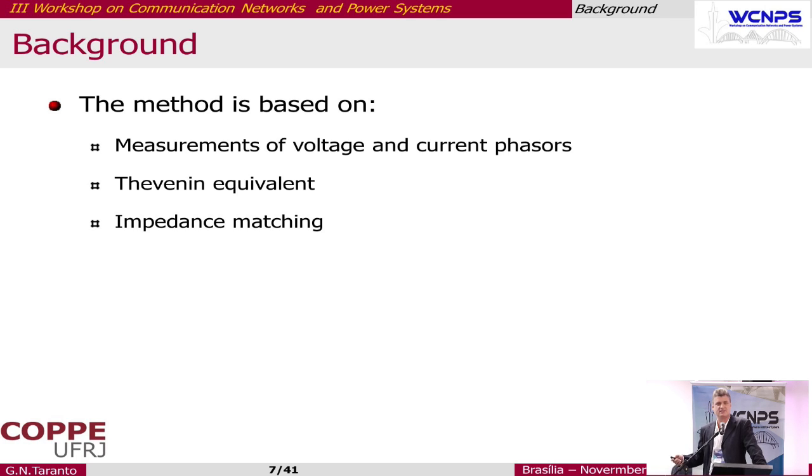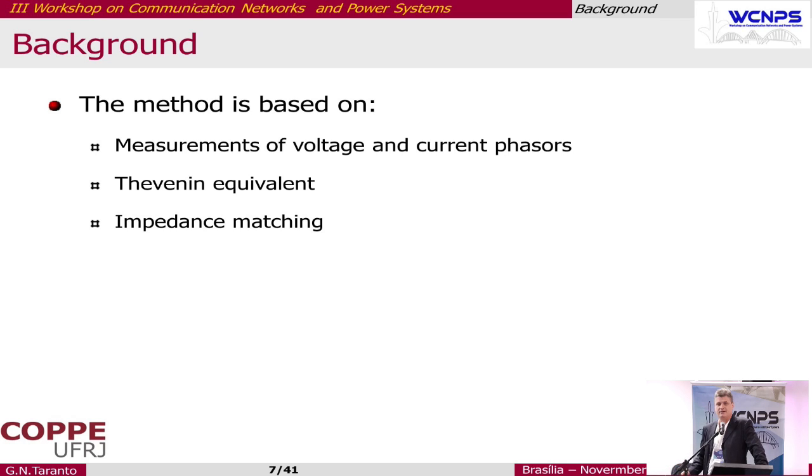So these are the basics of the method. Okay, this is my two-bus equivalent system. Again, this is the point where I want to find the maximum load, and I am measuring the phasors at this load point. Okay, I'm measuring voltage magnitudes and angles and current at the load.